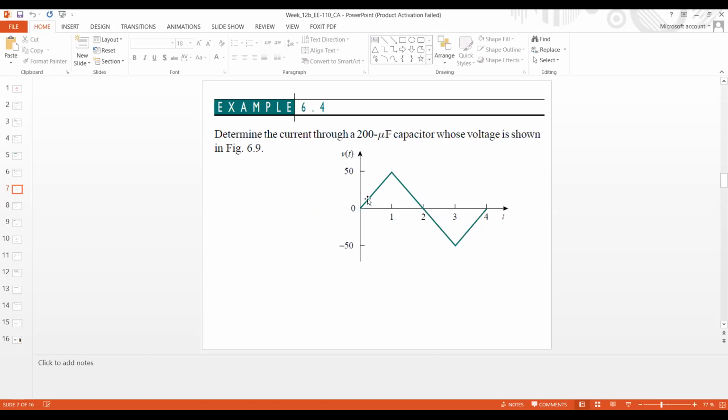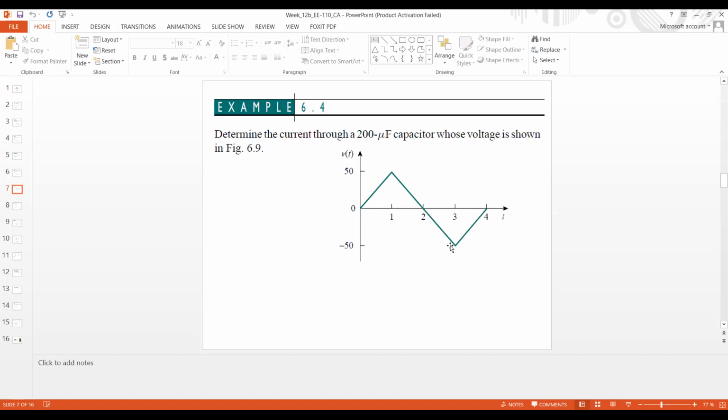You can find the equation of a line by the two-point formula. If I want to find the equation of this line, I need 2 points. One point I can take is 0, 0, and the other point I can take is 1, 50.